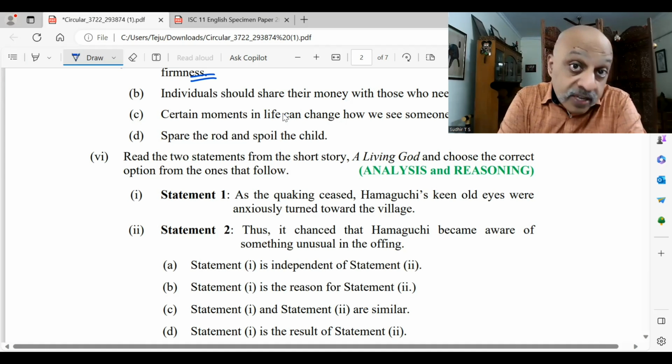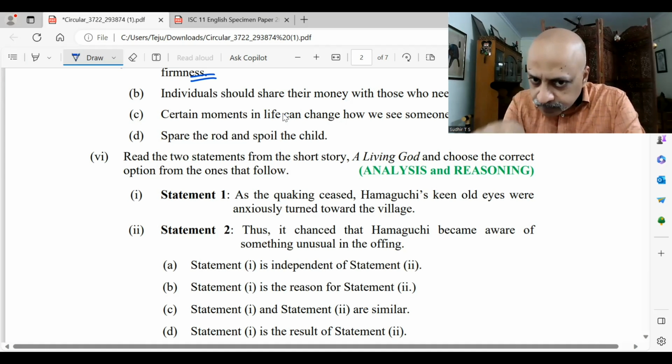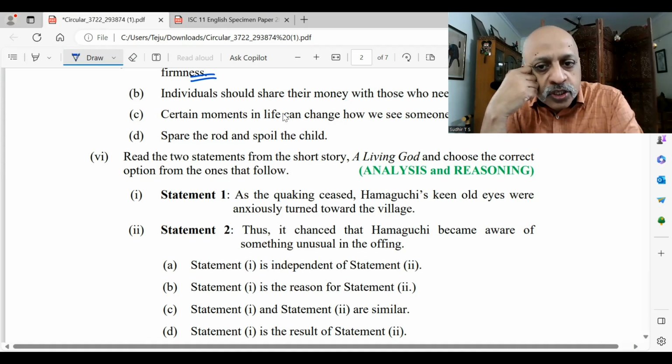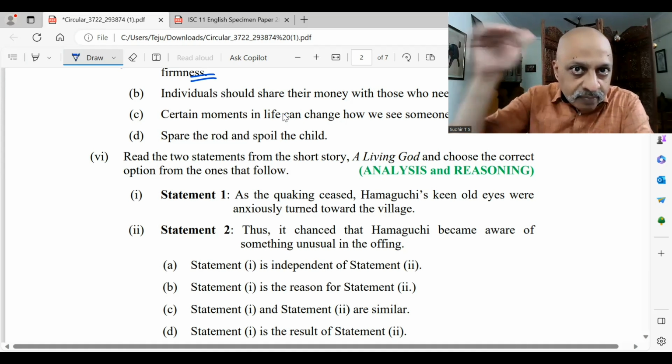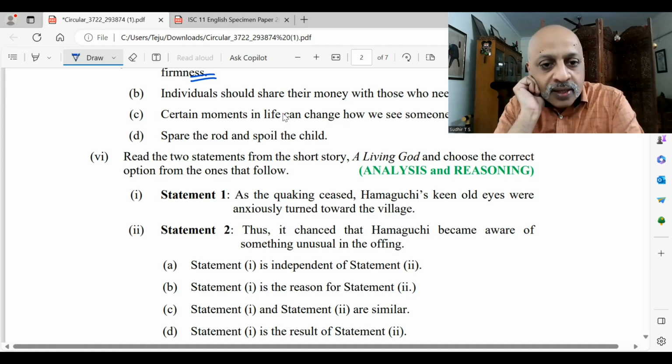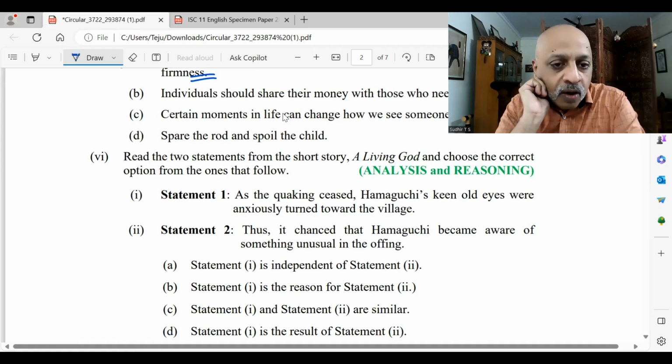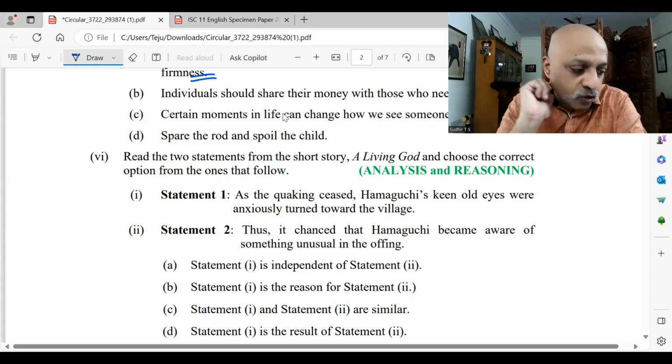kind of reasoning questions. As the quaking ceased, Hamaguchi's keen old eyes were anxiously turned towards the village because he's seeing from that position. Thus it chanced that Hamaguchi became aware of something unusual in the offing. So statement 1 is the reason for statement 2.